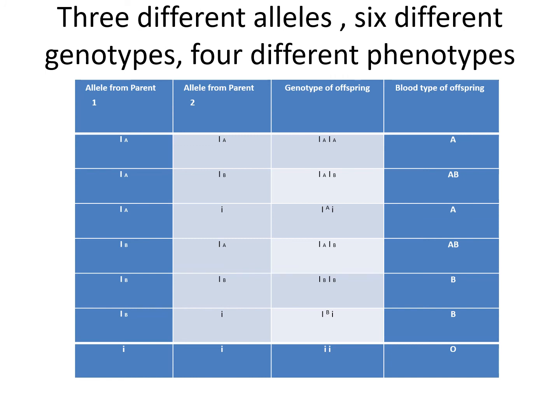IB and i, B blood group. IA and IB, AB blood group. If both are small i, O blood group. So these are the four different phenotypes, but there is a chance for six different genotypes.